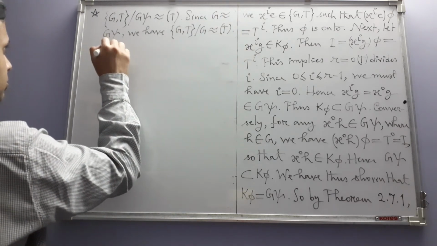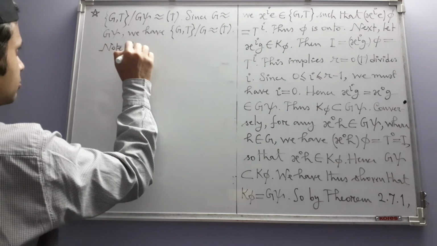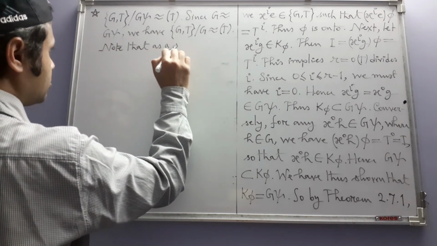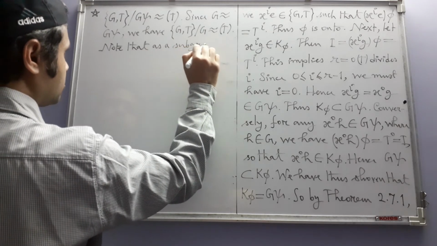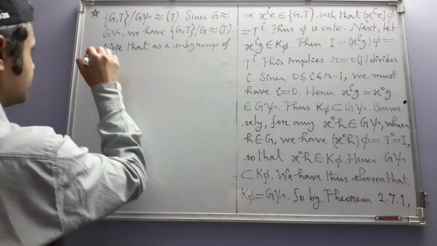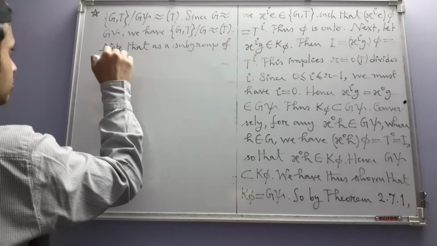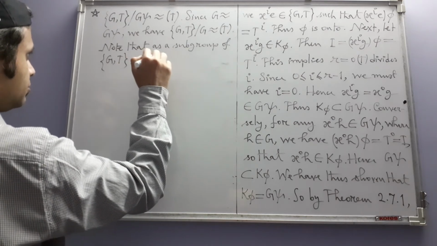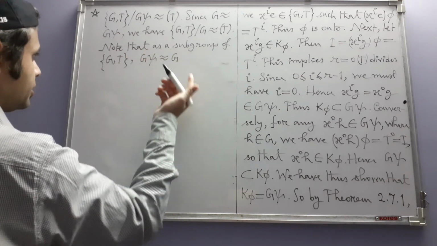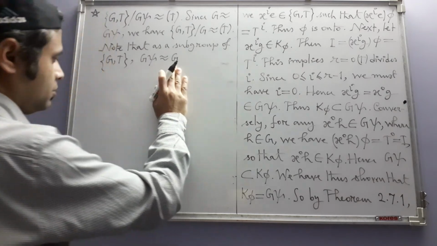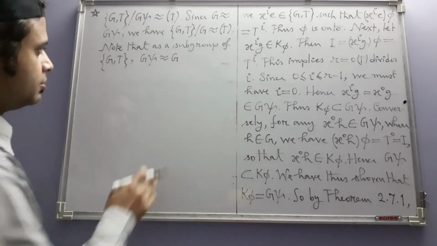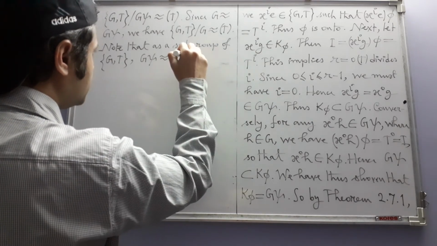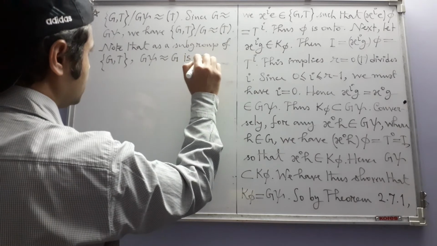note that as a subgroup of this, G psi, which is practically the same as G, because we are not distinguishing between isomorphic groups, is normal.